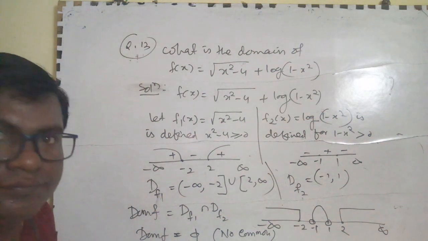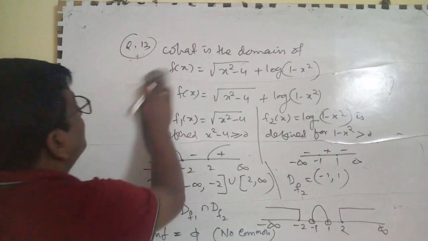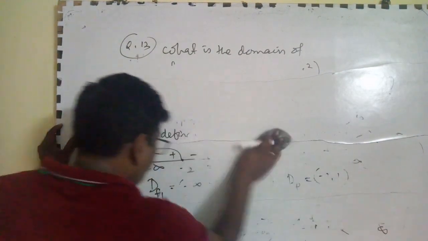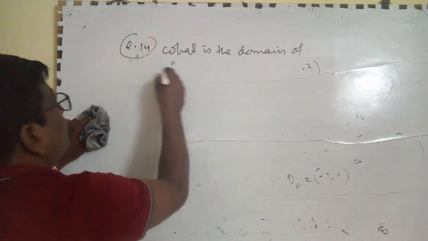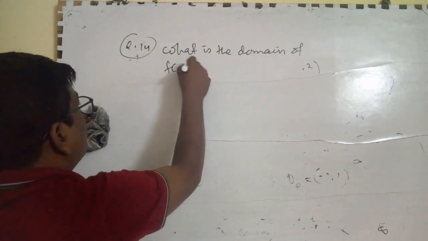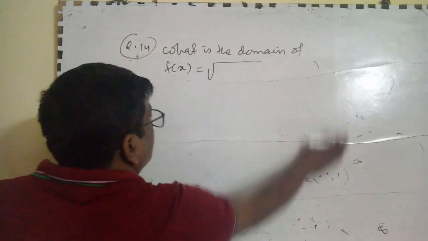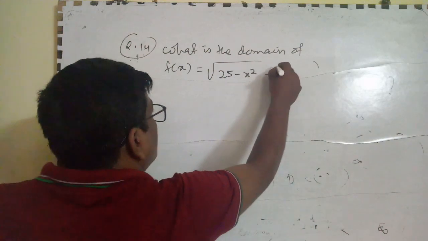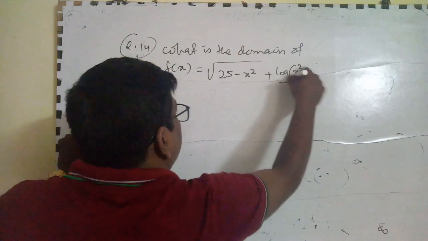Another question, question number 14. What is the domain of f of x is equal to root over 25 minus x square plus log x square minus 9?